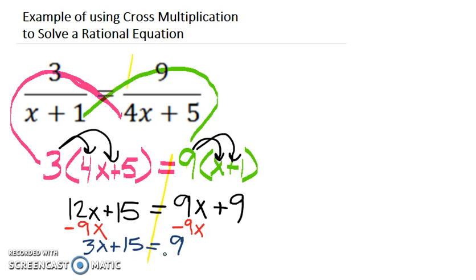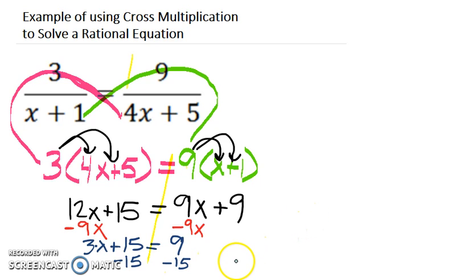Now I only have a single x, and it is on one side, but I still have a 3 attached to it by multiplication and a 15 attached to it by addition. So the weaker of those two operations is the addition, so the inverse of that would be to subtract 15.